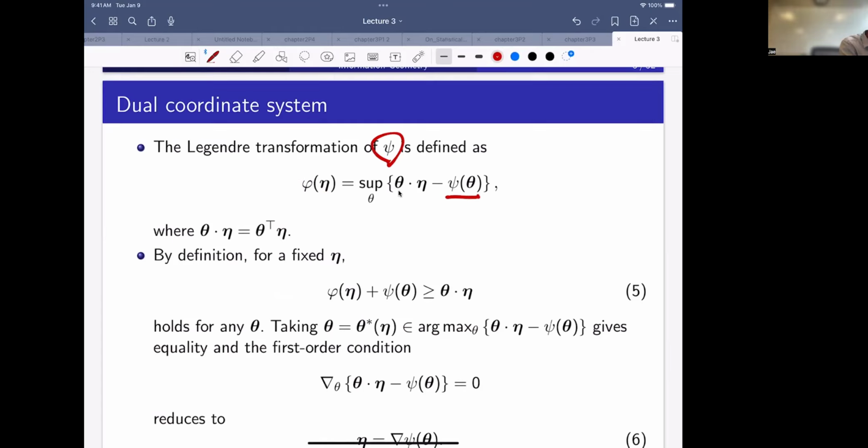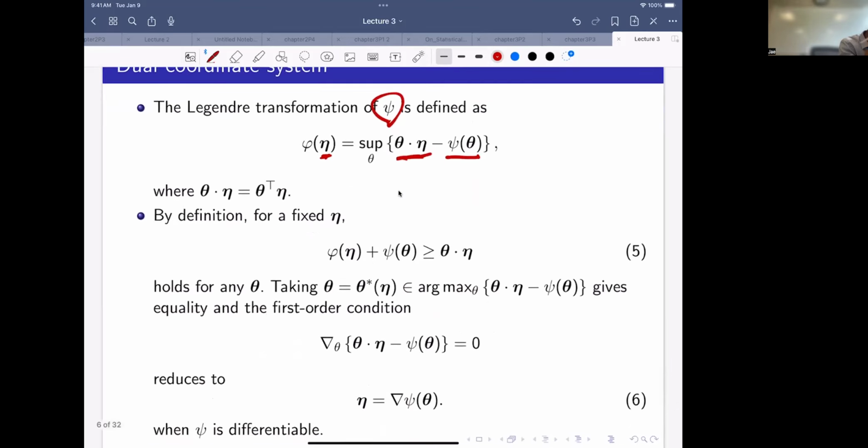Then we apply this operation, theta times eta minus psi theta, and take the supremum over theta, and then it's a function of eta only. That's why it's a function of eta only here, and let's call it phi.